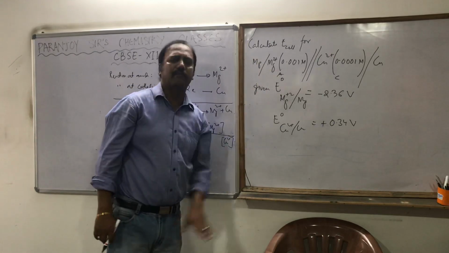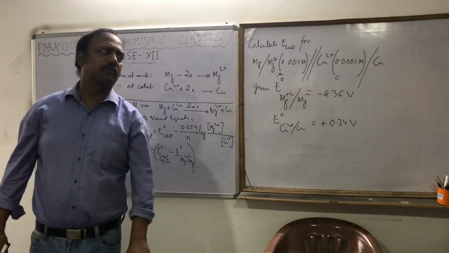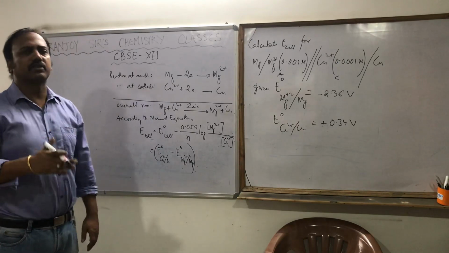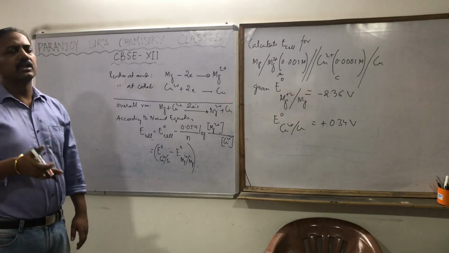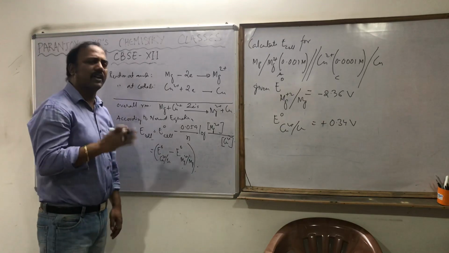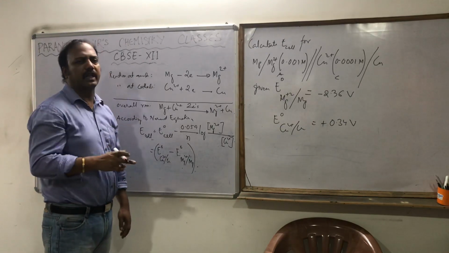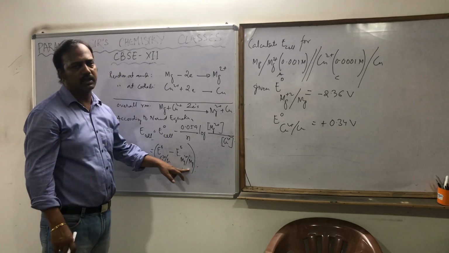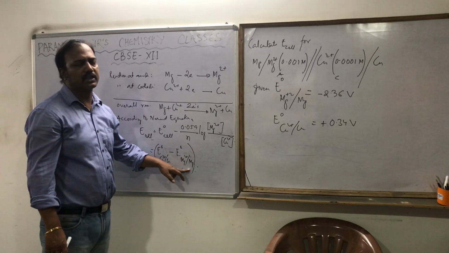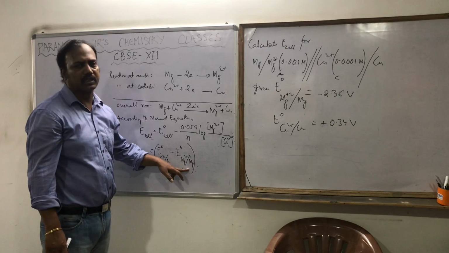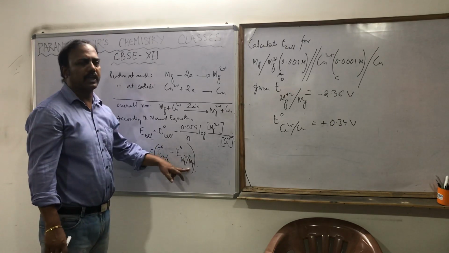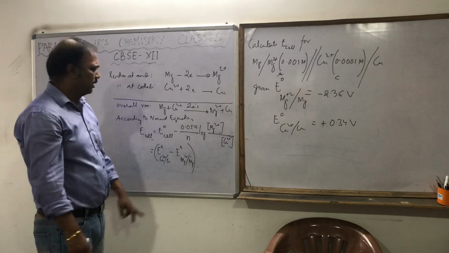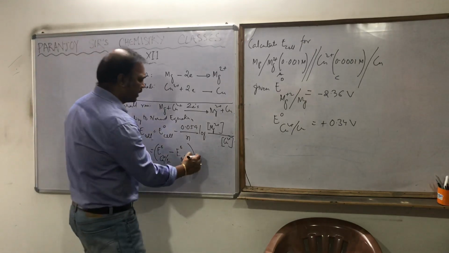But the most important point is that, doesn't matter whether oxidation or reduction takes place, for the electrode potential of an electrode we always take the reduction electrode potential. That is why I wrote down the reduction reaction. Yes, oxidation is taking place over here, but we take the reduction electrode potential. That's the convention. Clear?